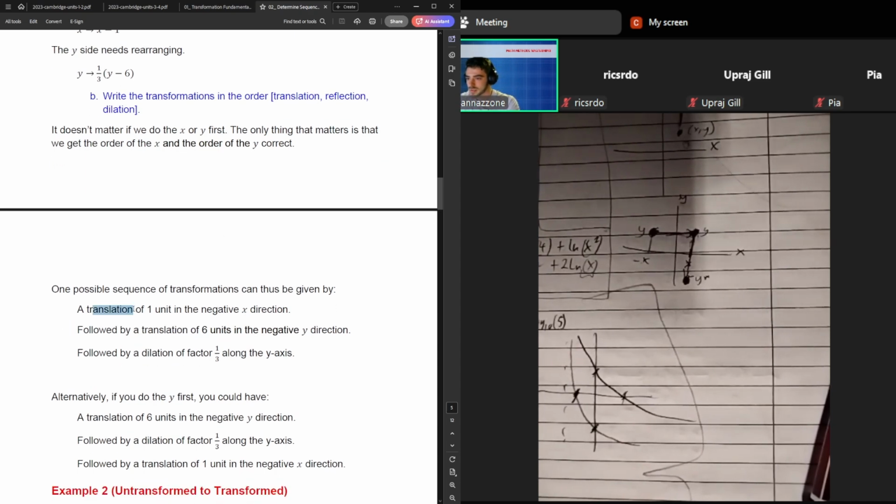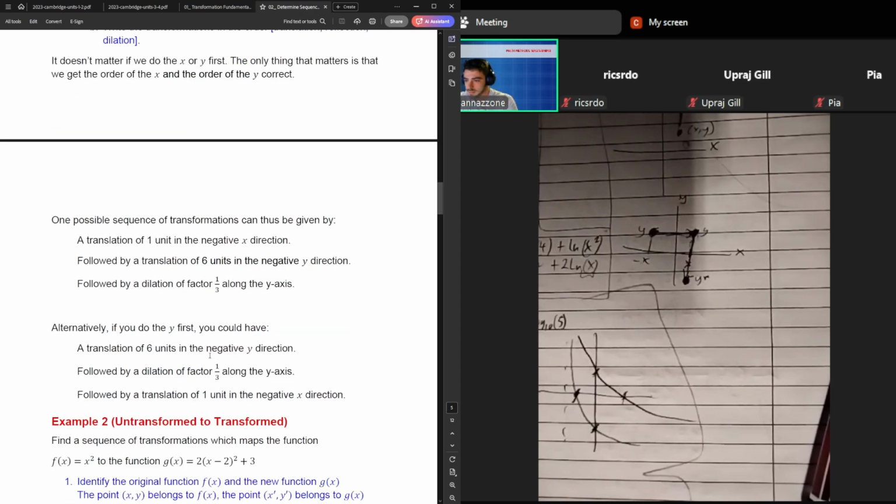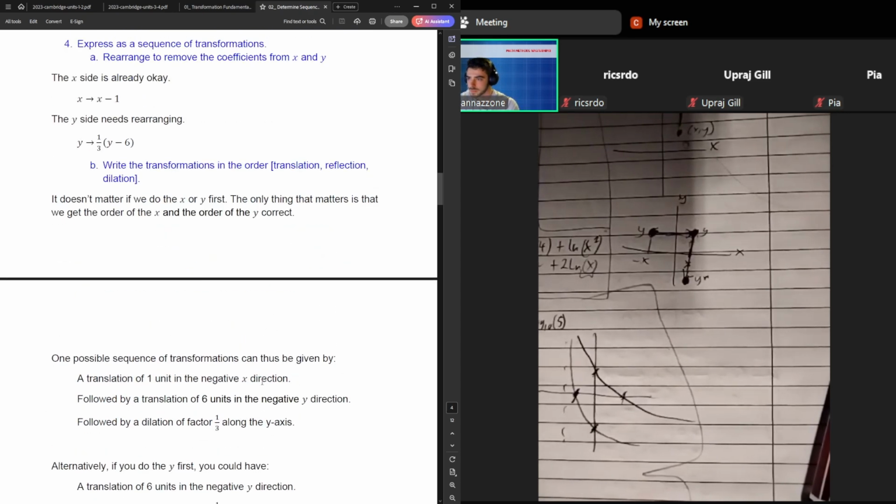So in this case, I've done translation of x, translation of y, and since there were no reflections in there, we're going dilation factor of 1/3 along the y, or you could say from the x on that one. You could also do the y first, as I said. So here's the 2 y things and then followed by the x. Again, as long as x is in that order and y is in that order, you can mix them as you wish.